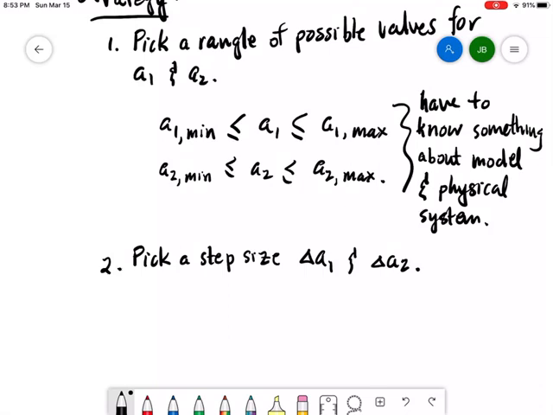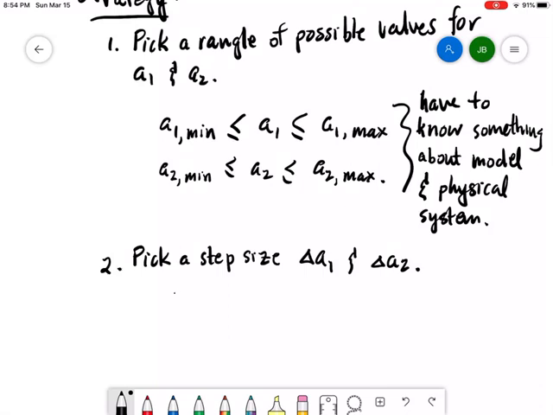And you could probably guess what we're going to do is we're going to evaluate chi-squared at every possible combination of A1 and A2, starting from A1 min and increasing in steps of delta A1 up to A1 max, and likewise for A2 min, increasing in steps of delta A2 all the way to A2 max.